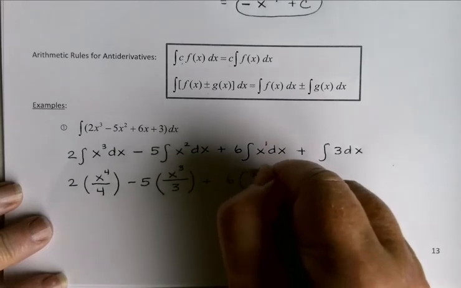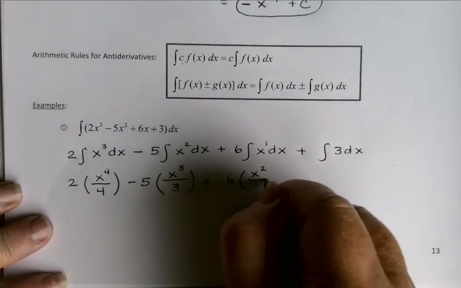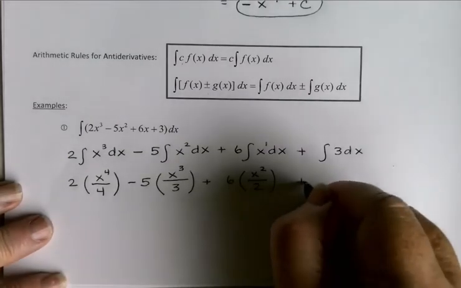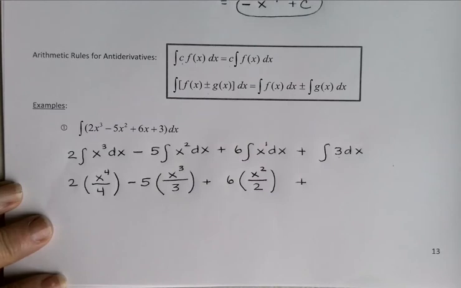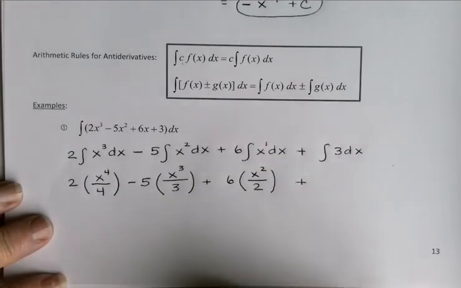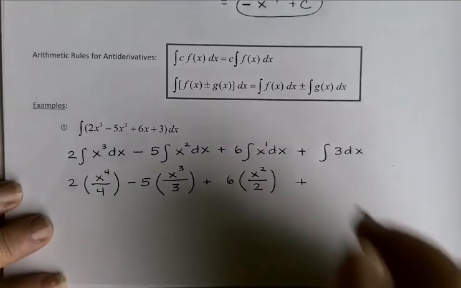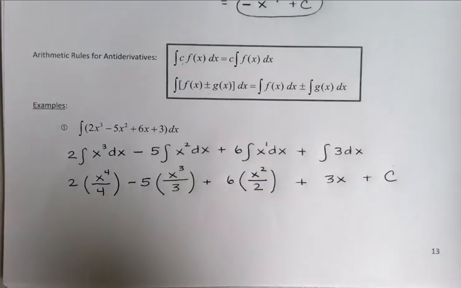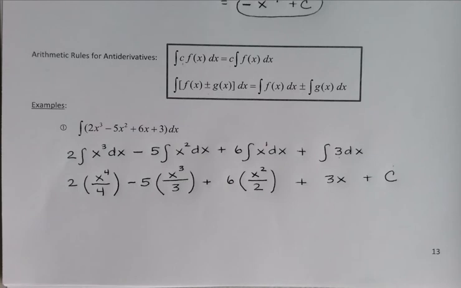So when I increase my power by 1, I'll get x squared, and I'll have to divide by that too. Plus the integral of 3 dx. What function has derivative 3? It's going to be 3x, right? And now finally I'm done with all my antiderivatives, so I'll put the plus c on the end.